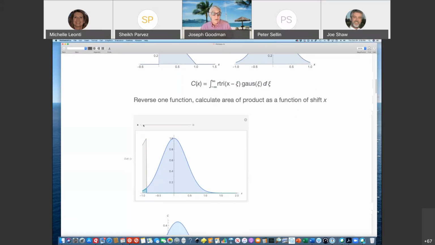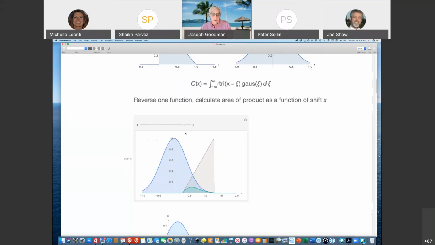We're going to gradually slide it across this Gaussian function, and the green area, which you see underneath, is the product of these two functions. The green area is in fact the convolution integral at this particular displacement.